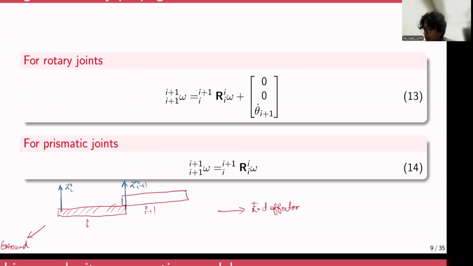Now, associated to the ith frame, you have the angular velocity of the ith frame as omega i, and the angular velocity of frame i plus 1 as omega i plus 1. Then how would you propagate the angular velocities? If you have two angular velocity vectors, you can simply add them.